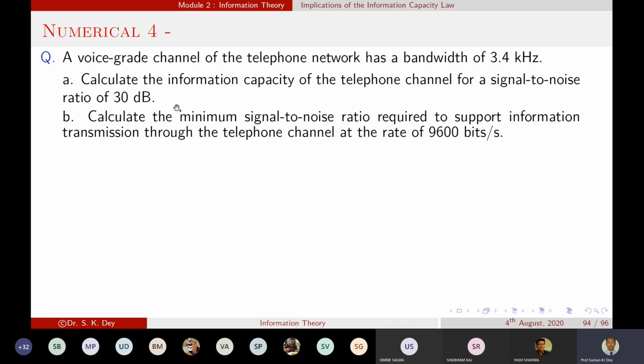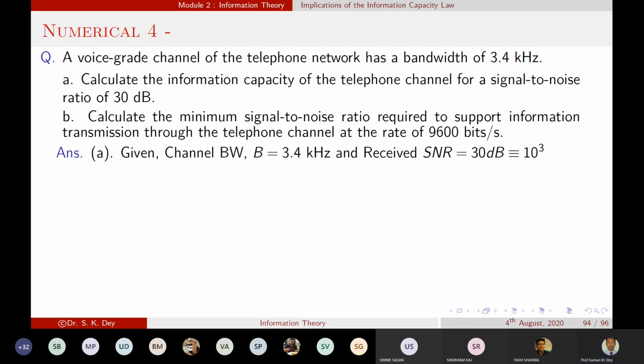Now tell me what is the channel capacity over there. Since it is in kilohertz, you have to first convert to hertz, the normal scale. So the bandwidth equals 3.4 kilohertz, it is given, and the receiver SNR equals 30 dB, which is equivalent to 10 to the 3.